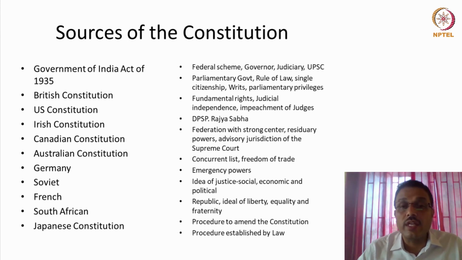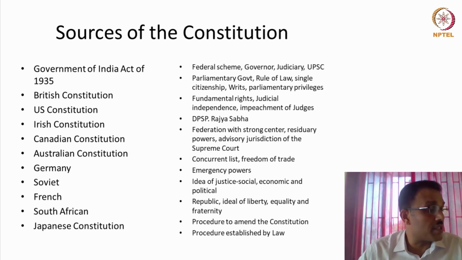Other constitutions give more than one, but they have removed it as we go forward. Writs, especially habeas corpus, mandamus, certiorari, prohibition and quo warranto, come from the British Constitution. And most interestingly, quite controversially rather, parliamentary privileges we also borrowed from British constitutional principle.